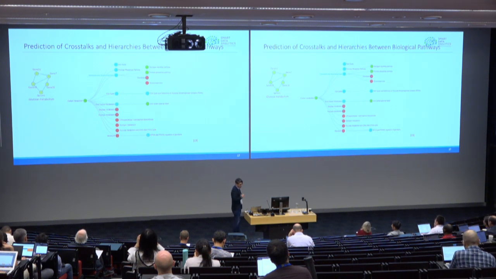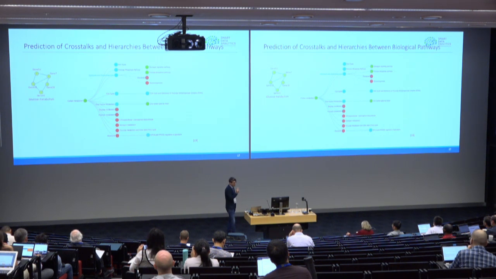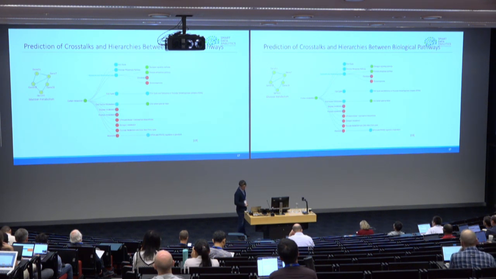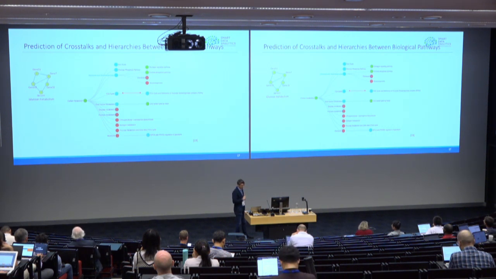Now, this data set, which is called ComPath, contains relationships between pathways. Each pathway is represented by one of the nodes in our data set. We want to describe relationships between the pathways. Specifically, we want to describe equivalences between pathways, which pathways are equivalent, and hierarchies of pathways, which pathway is part of another pathway. So what we did, we used our software.